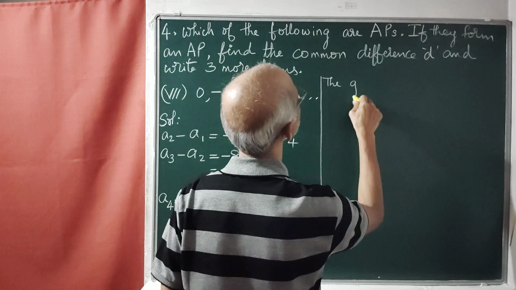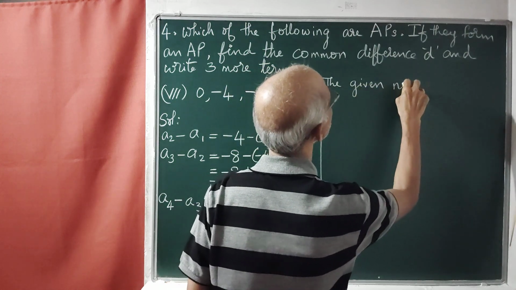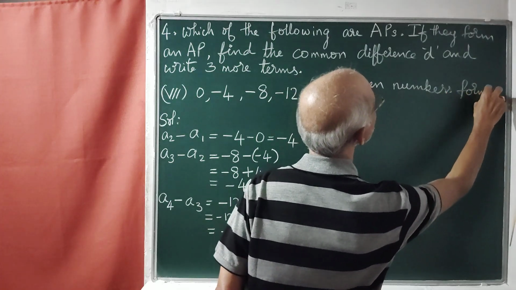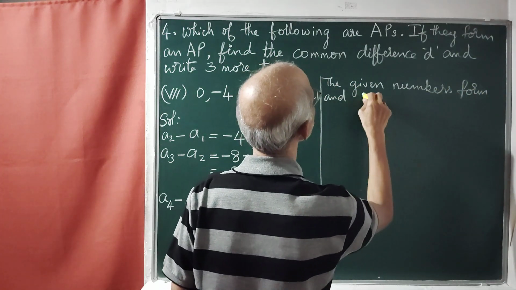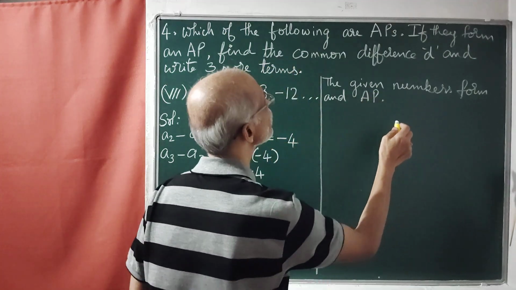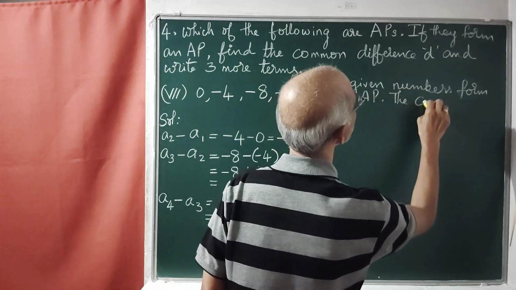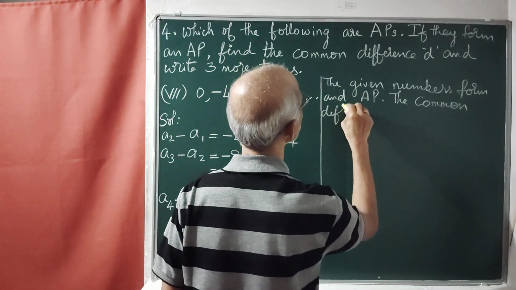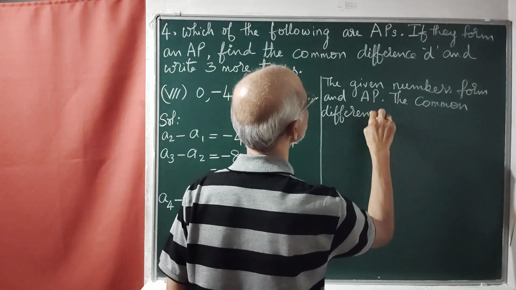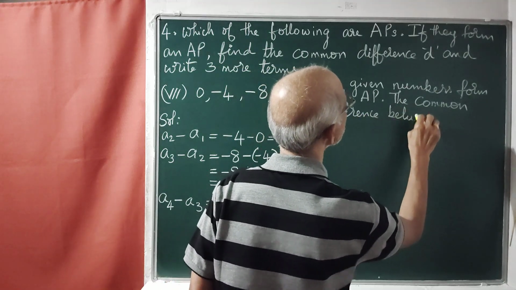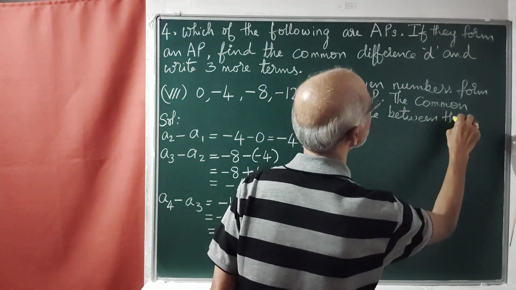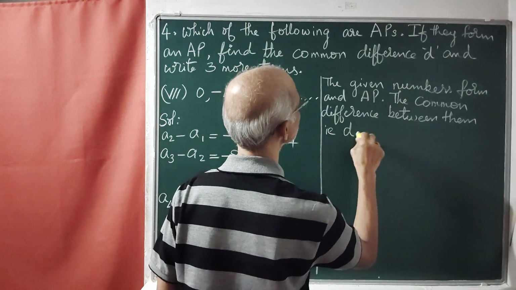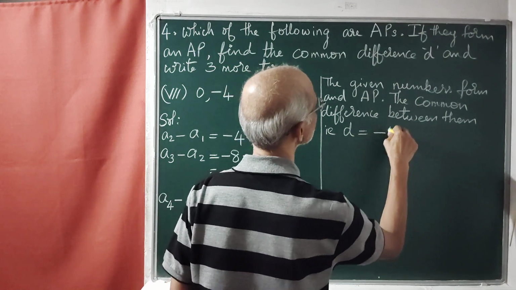The given numbers form an AP. The common difference between them, that is D equal to minus 4.